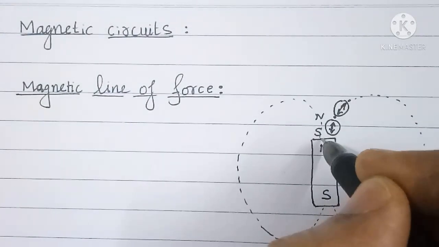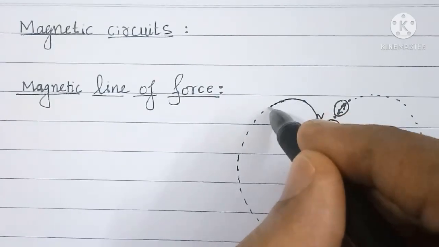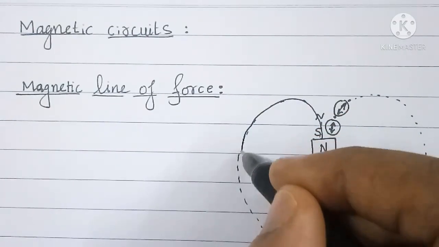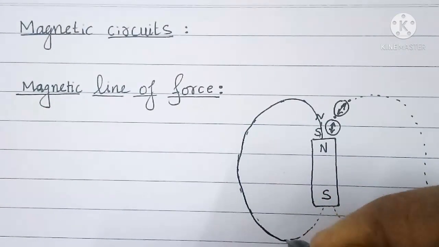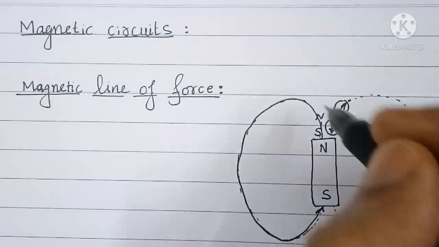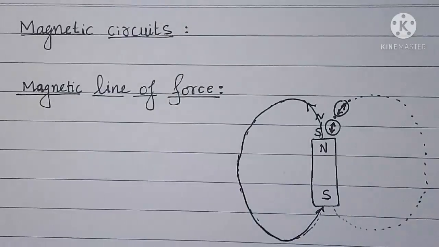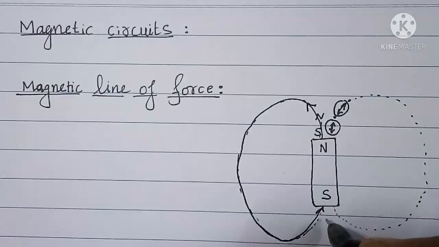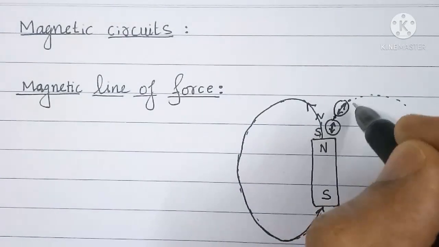Now if you join all these points, you will get curved lines starting from N pole and ending at S pole. Similarly here also.